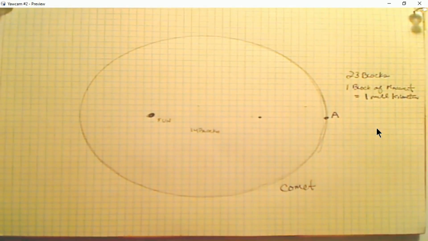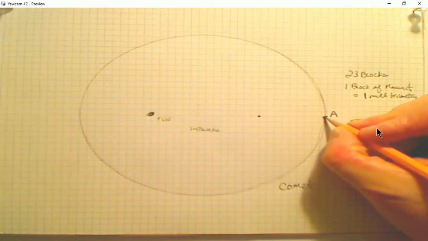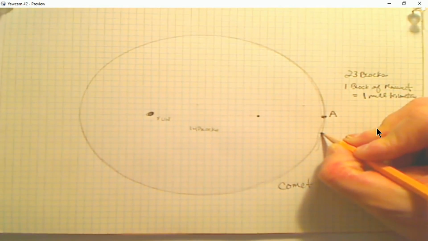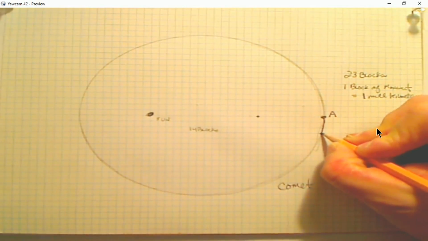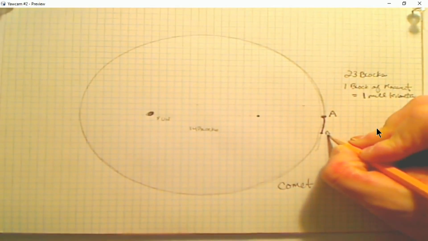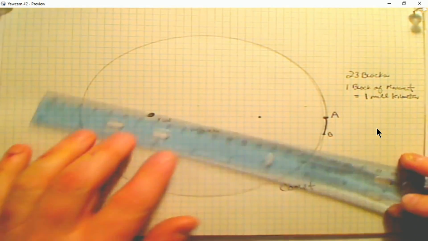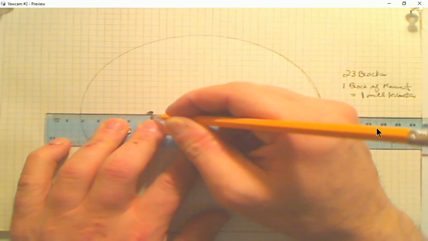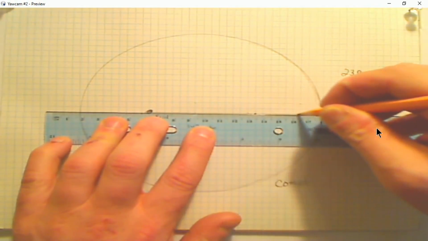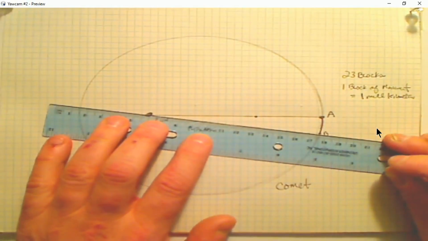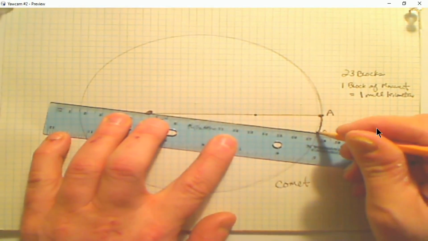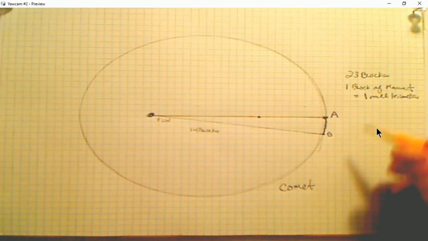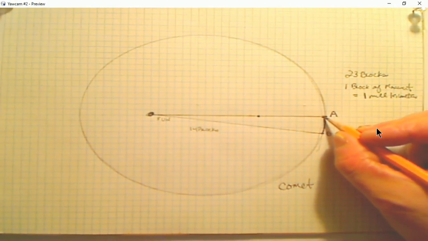Okay? So let's do this. If I move 1, 2, 3, roughly 3 blocks down to B, I can draw these lines. I'll give you this calculation. It's pretty straightforward. And how do I get this?